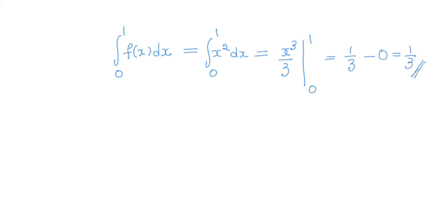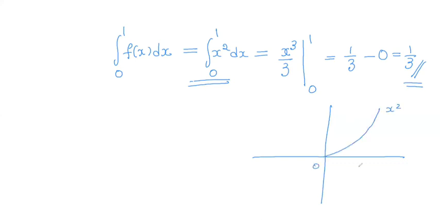And as I told in the first video, the definite integral of a function in fact gives you the area under the curve. So here, the integral of x square from 0 to 1, if I consider the x square function from 0 to 1, then this value actually indicates the area under the curve.